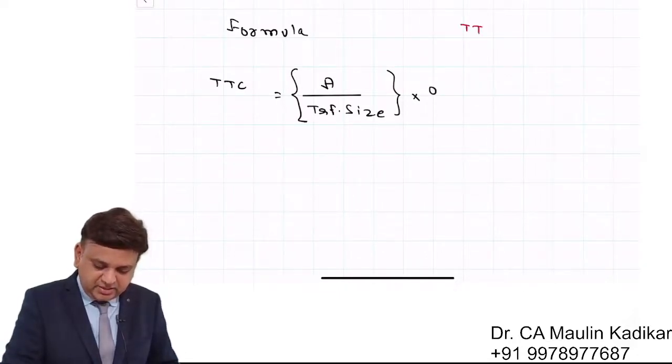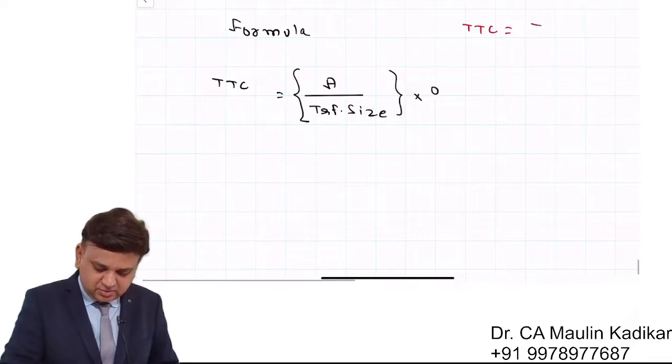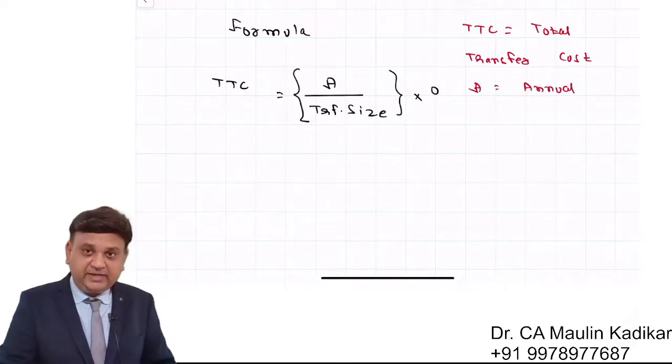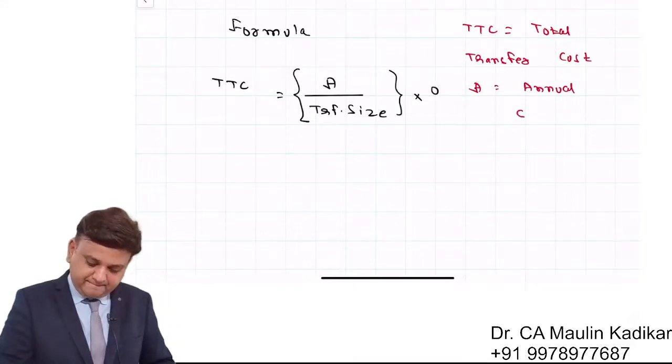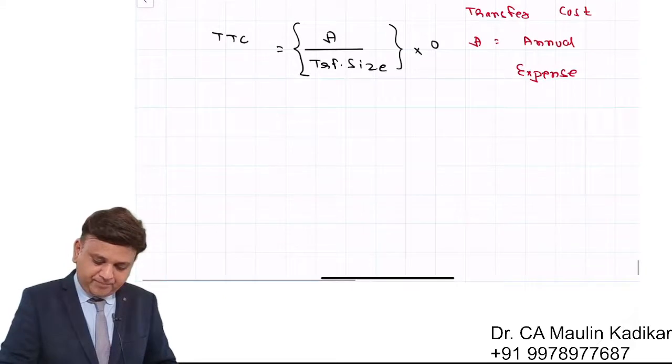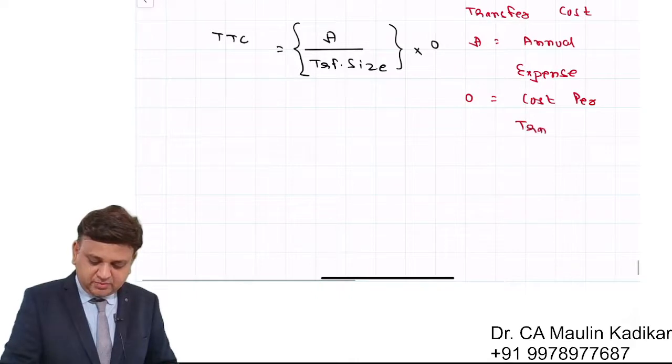So TTC is total transfer cost. A stands for annual expense. O stands for cost per transfer.